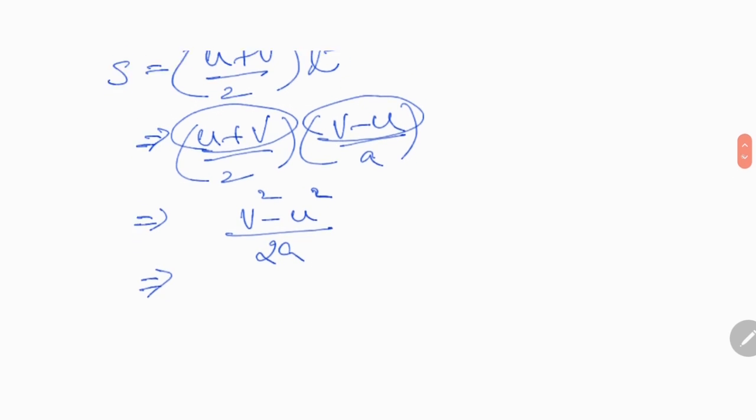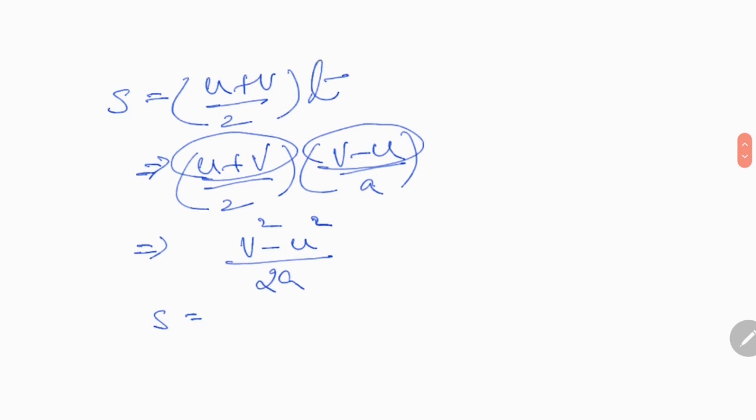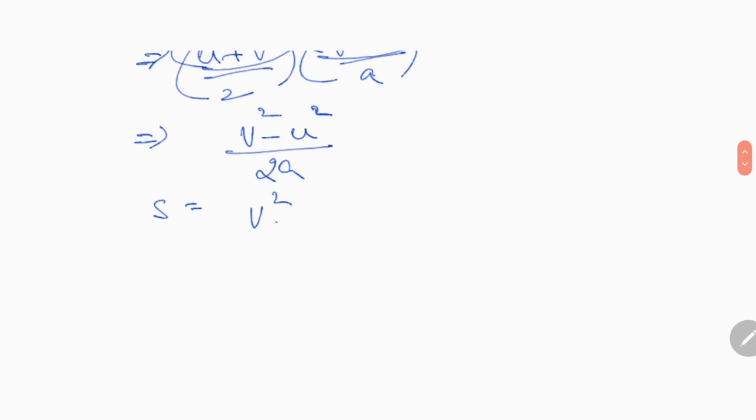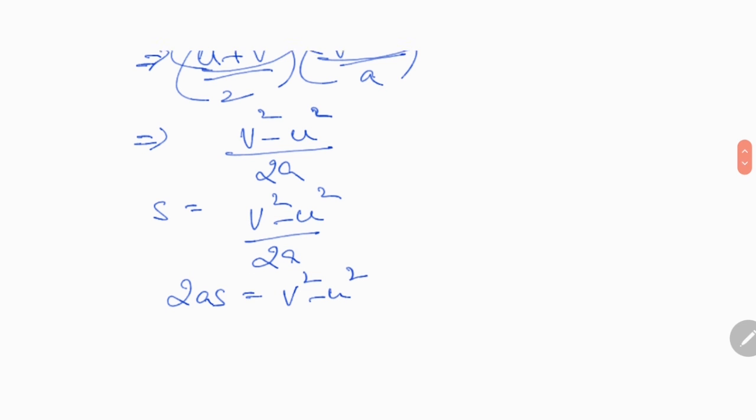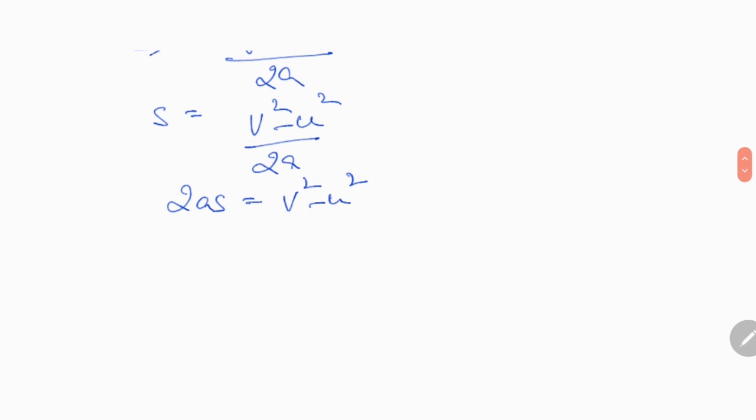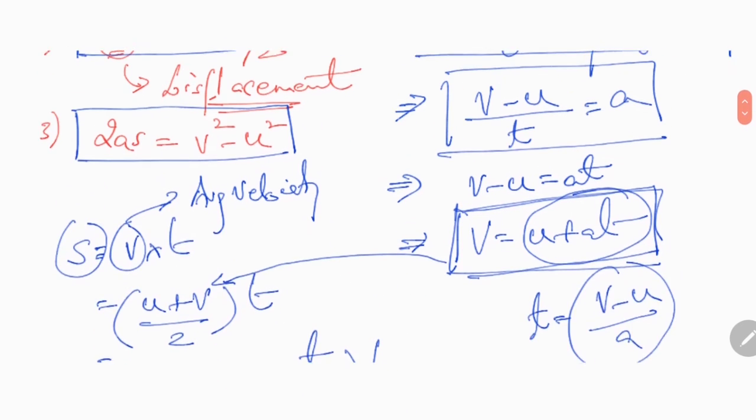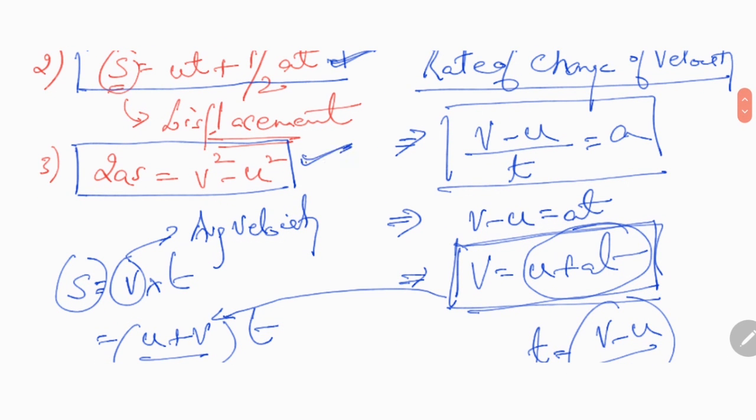And what are we finding out here? This is nothing but s. So if I write finally, s is equal to v square minus u square by 2a, or 2as is equal to v square minus u square. If you see, this is our third formula, which is nothing but this one.